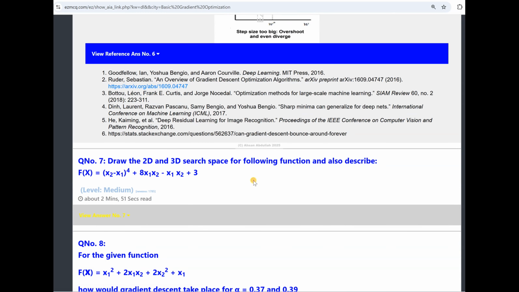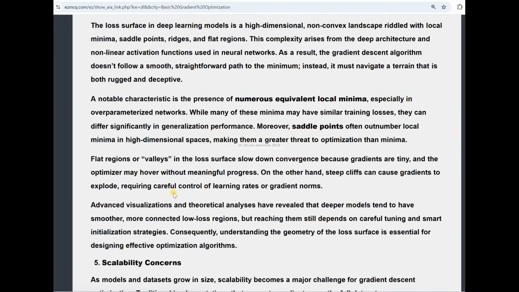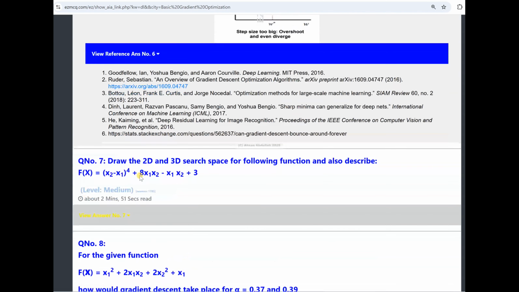So this is an interesting question. This is the loss surface complexity. This is the loss surface, and it is represented by this equation. The question is: draw the 2D and 3D search space for the following function and also describe it.